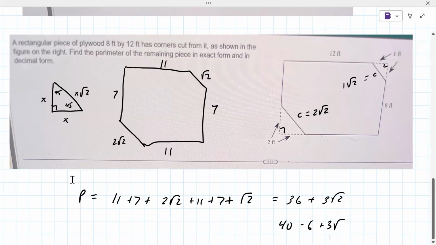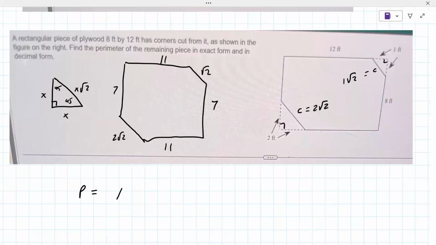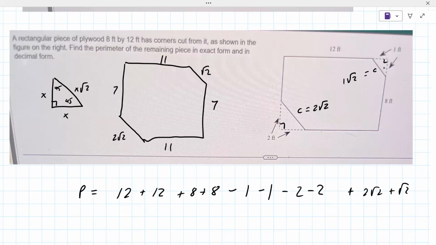They're doing it differently, so let's do it their way. They're doing 12 plus 12 plus 8 plus 8, and then subtracting out the 1 and the 1, subtracting out the 2 and the 2. So they're subtracting out these two sides, and then adding the 2 root 2 plus the root 2 to get there.